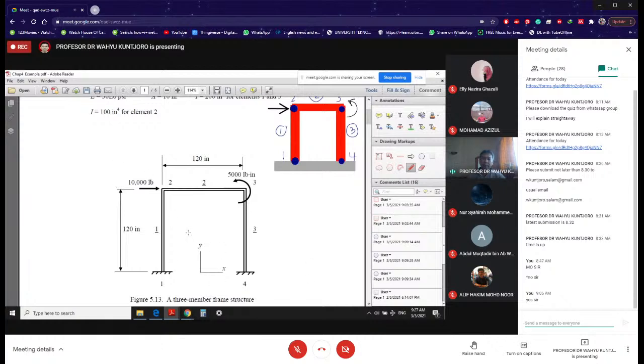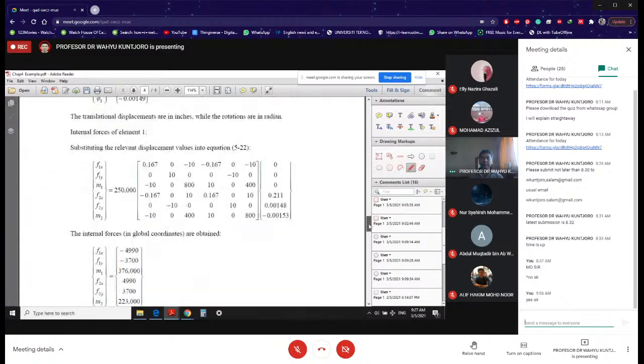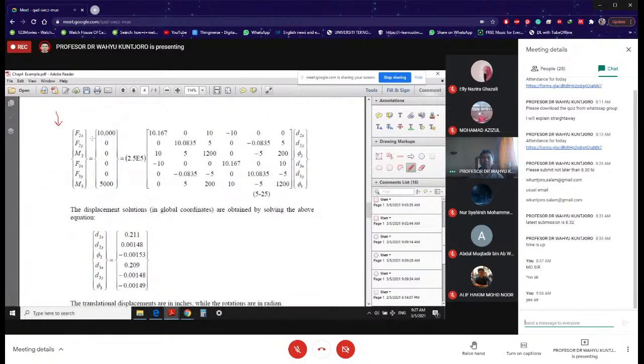The reason is because, of course, positive is to the right direction. So what you have here is going to be positive F2x and positive M3.